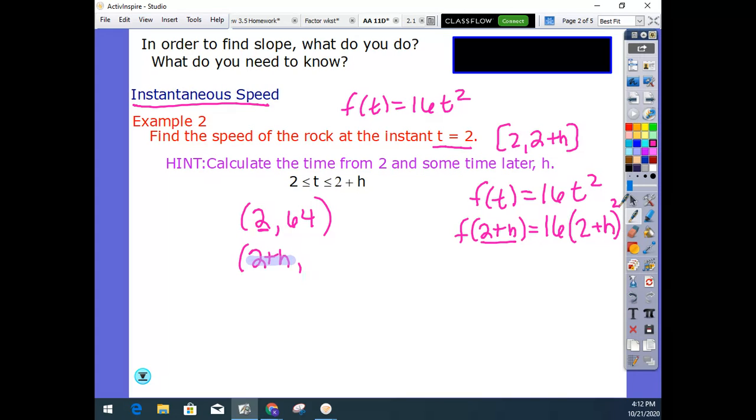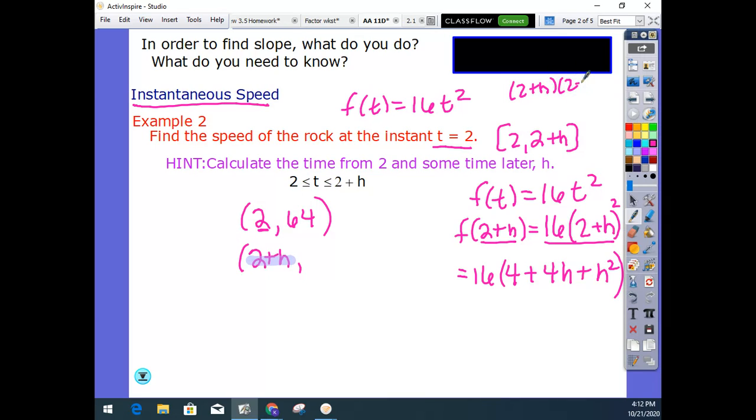Now, this is the tricky part. We got to simplify this side. So first I'm going to square my quantity. So 2 plus h squared, 2 plus h times 2 plus h, 4 plus 4h plus h squared. If you need to write that on the side and distribute it out, then I have to distribute the 16.